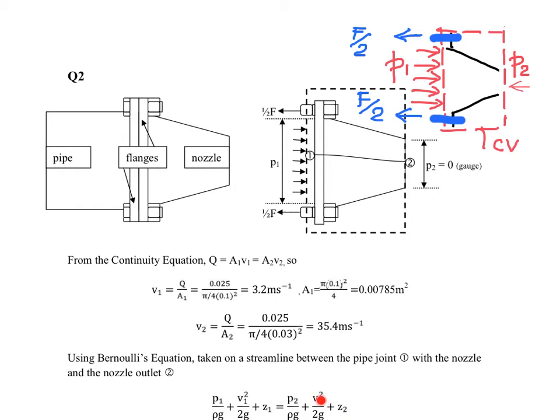Z1 and Z2, for all intents and purposes, are the same because the nozzle is horizontal. Our pressure P1 has to be calculated, and we know the pressure P2 is in fact atmospheric pressure, which is 0 gauge.